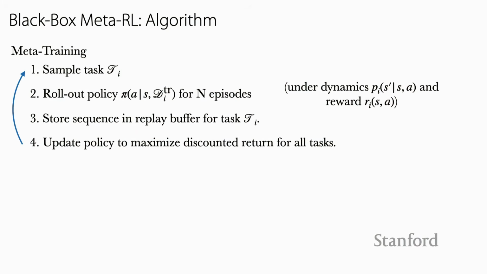Then after this training process, after you've trained it on multiple MDPs, you can then roll out your policy in a new task. So at test time, you will give it a new task.